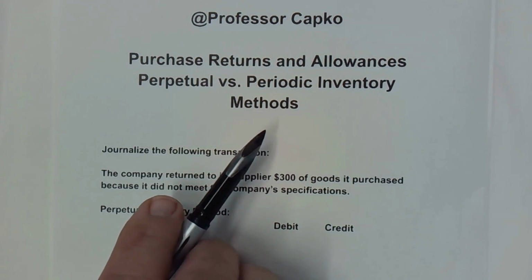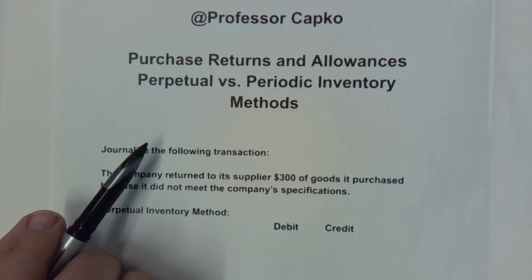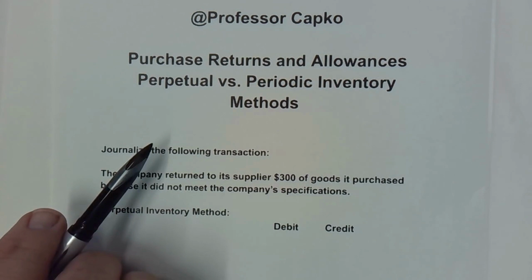So a purchaser may be dissatisfied with the merchandise received because the goods are either damaged or defective, inferior in quality, or do not meet the purchaser's specifications. In such cases, the purchaser may return the goods to the seller for credit if the sale is made on credit, or for a cash refund if the purchase was for cash. That's known as a purchase return.